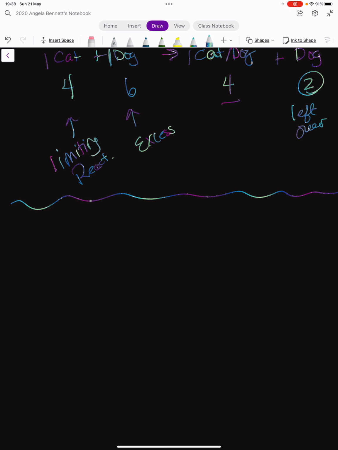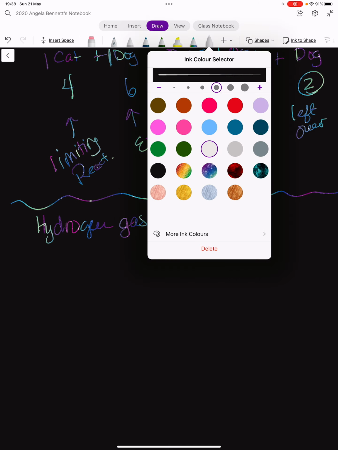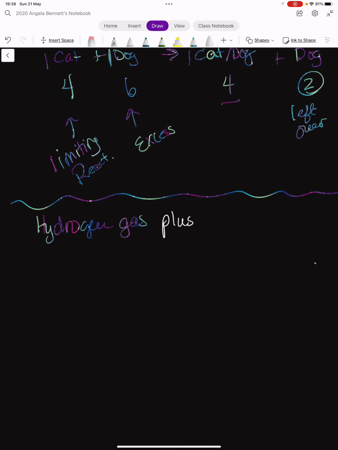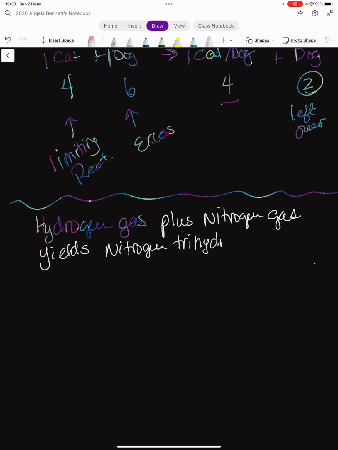If we have hydrogen gas, plus nitrogen gas, and it yields nitrogen trihydride, also known as ammonia, not ammonium, ammonia.